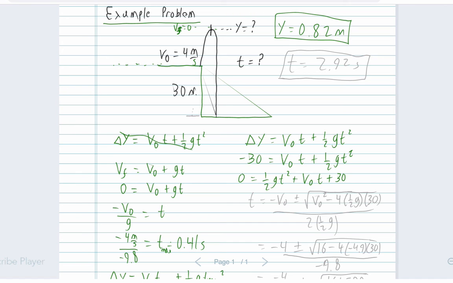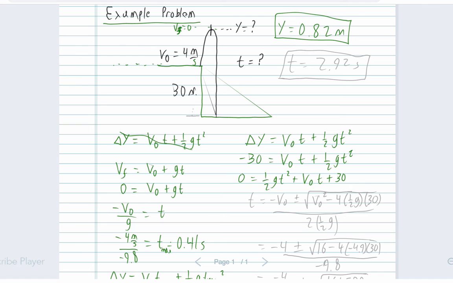Okay? Alright, so now we're going to have to use the quadratic formula. I prefer to leave things in variables until I get the final result, so I'm going to do that in this case. I'm just going to plug this into the quadratic formula as is.